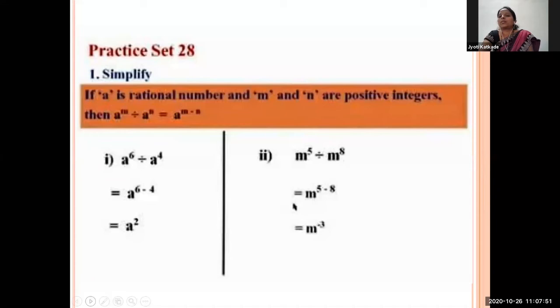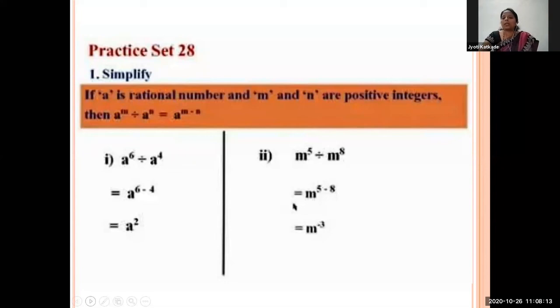See next example, the second example is given on the screen. M raised to 5 divided by m raised to 8, also m and m. If division is there, then take subtraction of powers. M raised to 5 minus 8.